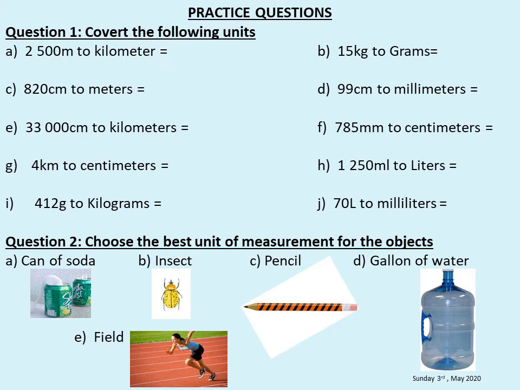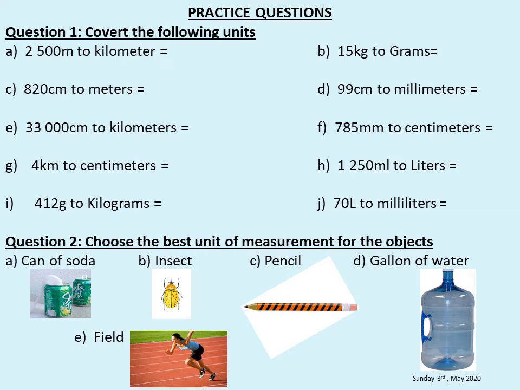Now here are our questions, okay? Now please, I'll give you instructions on how to answer the questions. For question 1, you write question 1, convert the following units. Then A, you write 2005 meter equal to, then write your answer in kilometers.